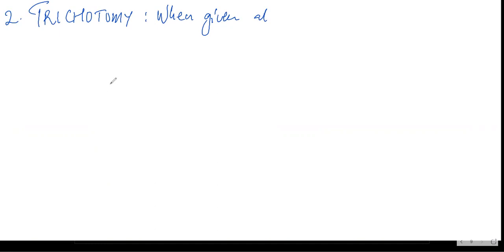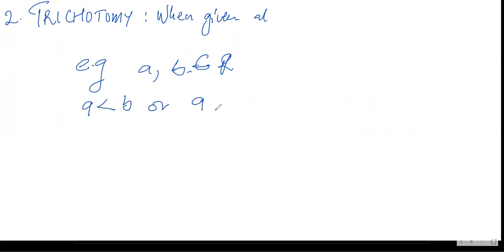For example, I'm sorry, I can't write because power has been cut off, so my pencil is not really positioning itself well. Given the numbers A and B, remember that they are real numbers. They can relate in such a way that A is smaller than B, or A is bigger than B, or A is equal to B.